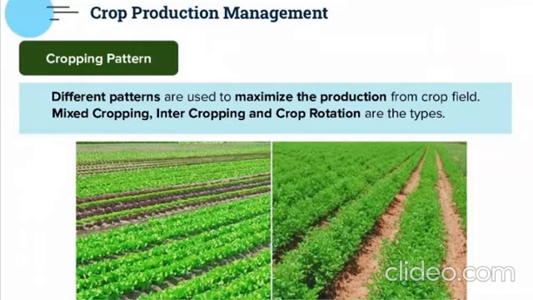When we talk about cropping patterns, farmers and agriculturists use different types of patterns so that the crop yield can be increased. There are three types of cropping pattern: mixed cropping, intercropping, and crop rotation.